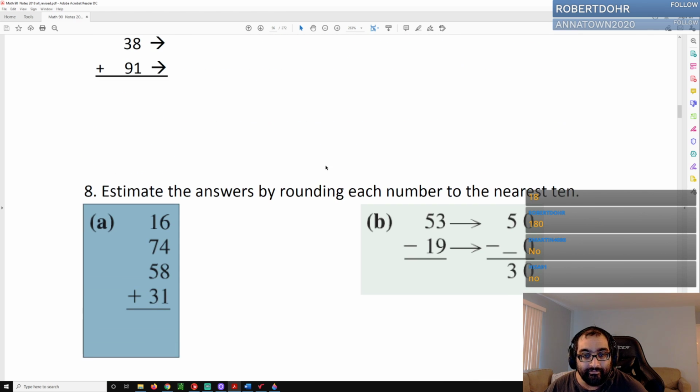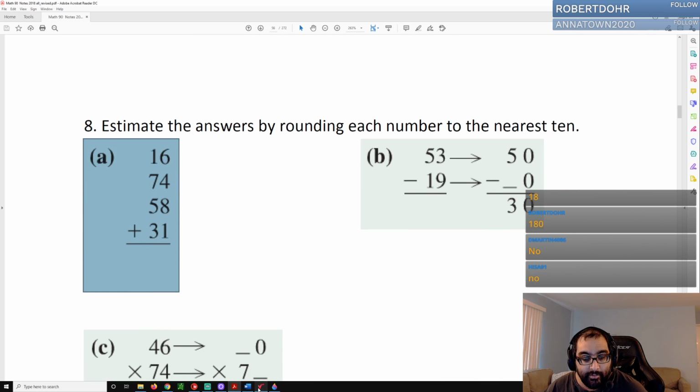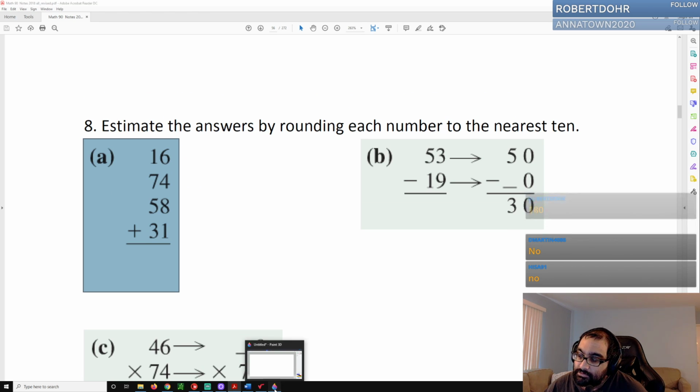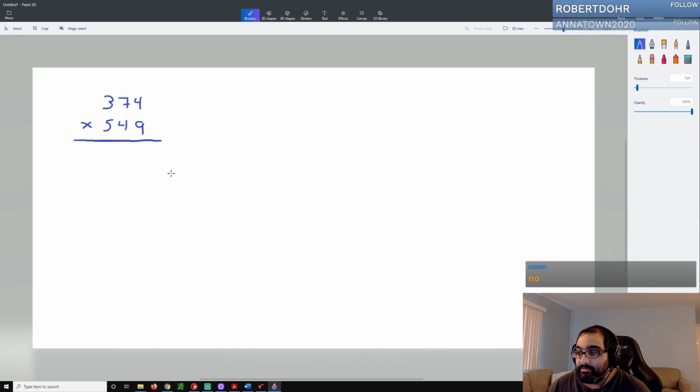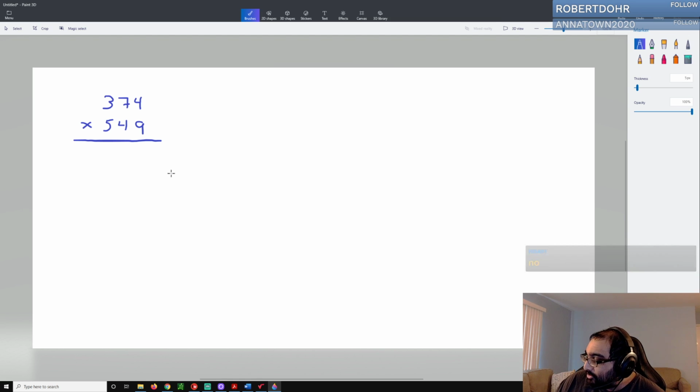So let's look at the next one here. I'll make up one. Let's say we're doing 374 times 549. Again, we're not finding the exact answer here. We need to round each one of these numbers first, specifically to the nearest 100.